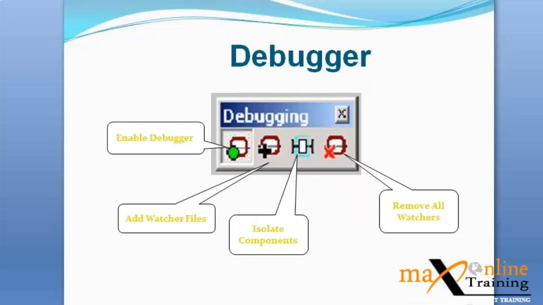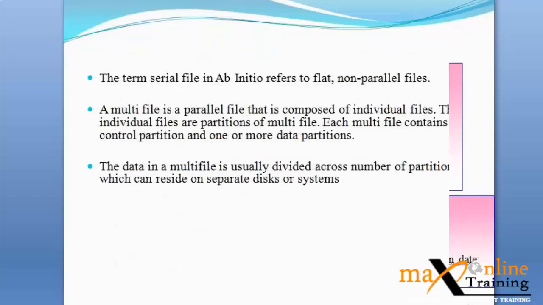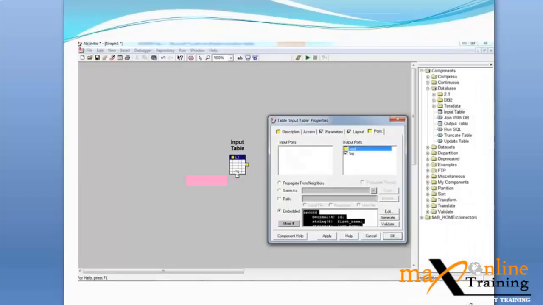So we have an inbuilt debugging capability in Ab Initio for debugging your graphs. You can see the debugger toolbar. If it is not enabled, you can just enable it using tools, debugger, I guess, or watches something.